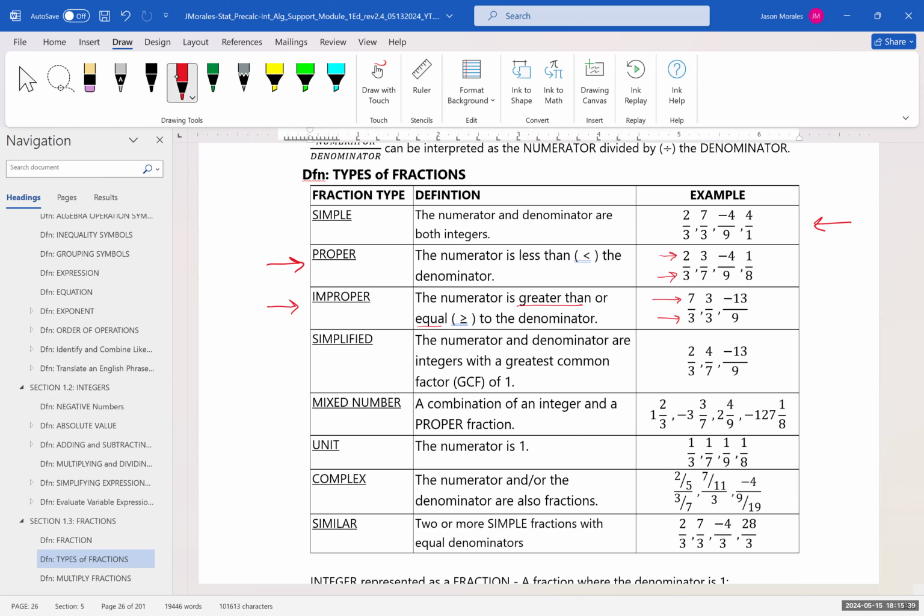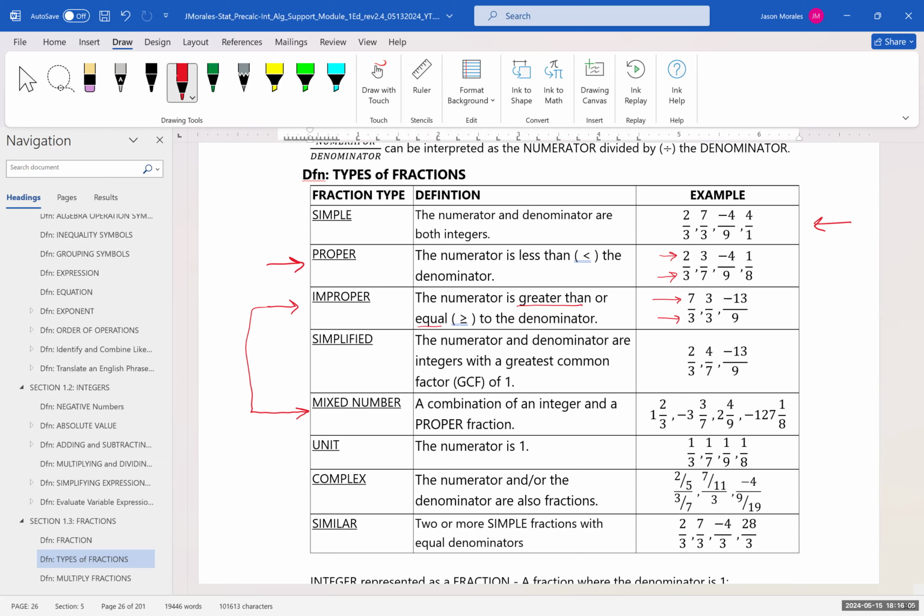This is an improper fraction, and we have -13/9. Now, typically, sometimes improper fractions are okay. A lot of the times they can be okay, but sometimes you need to convert an improper fraction into a mixed number fraction. We'll get to that in a second.